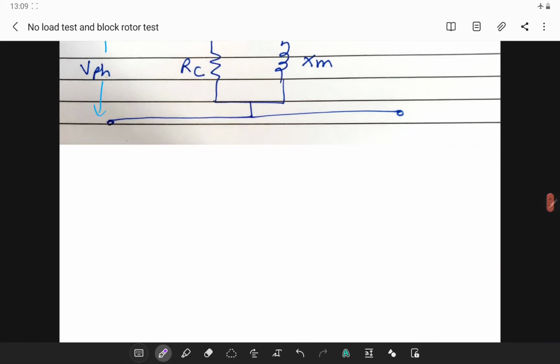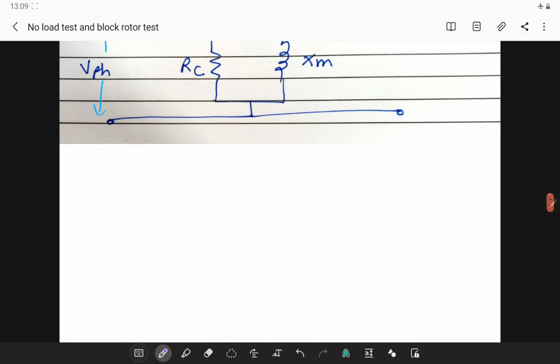Okay, so during the no load test you get the reading of three phase power, that is W1 plus W2, and I am working on single phase, so I can say the single phase power will be (W1 plus W2) divided by 3, and I am naming this P single phase, that is the single phase power drawn by the machine during the no load condition.